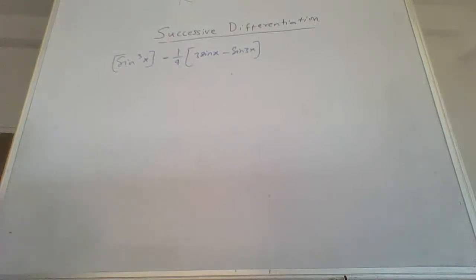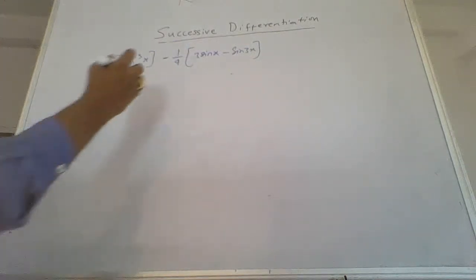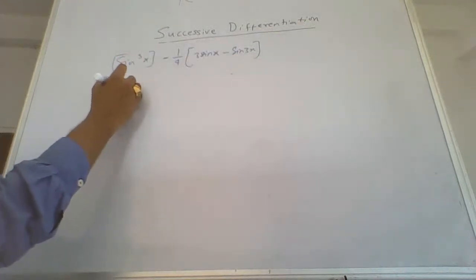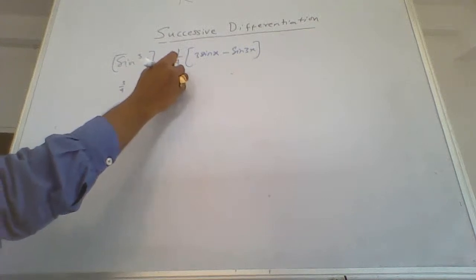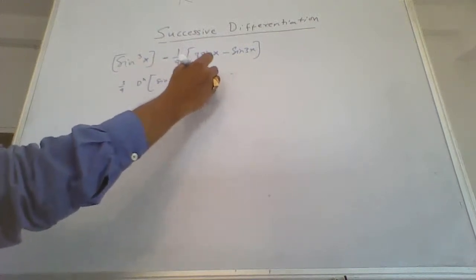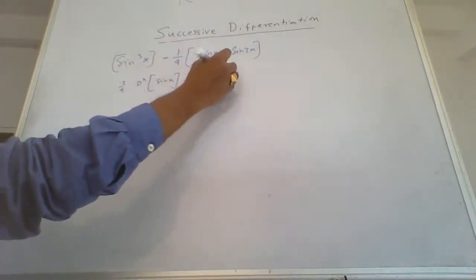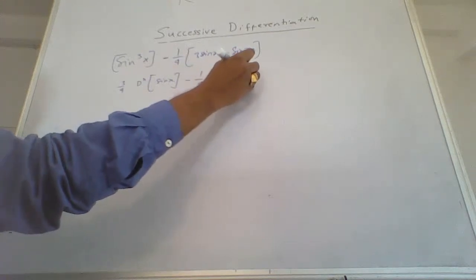This can be written like this. Let us find the nth derivative of this. So I'll be having 3 by 4 nth derivative of sine x minus 1 by 4 nth derivative of sine 3x.